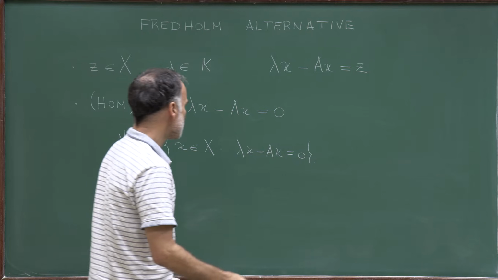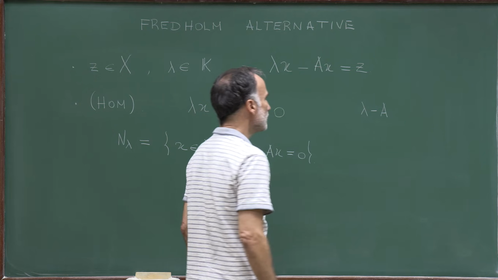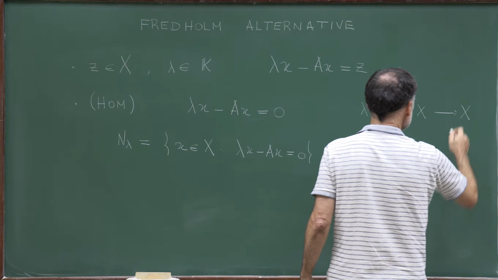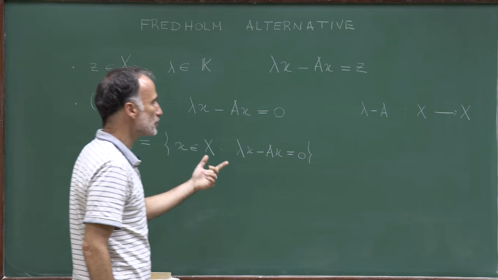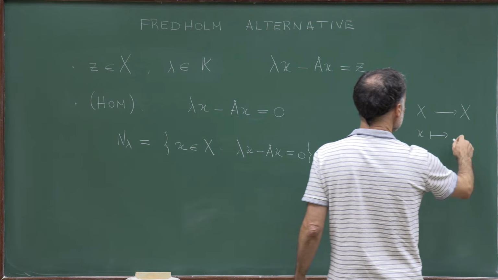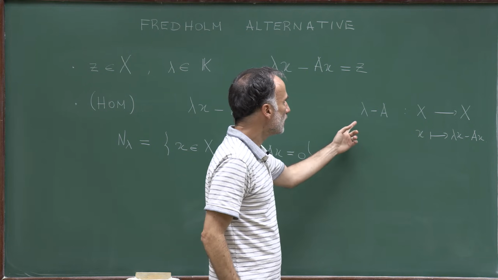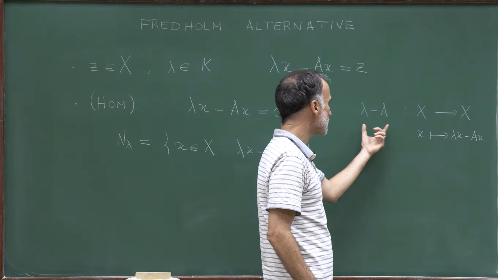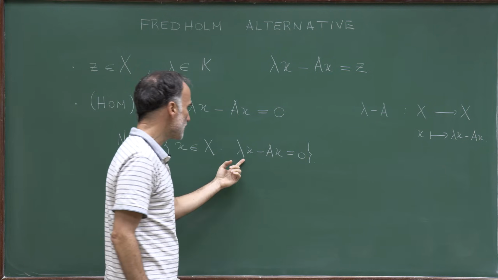And what I want to observe is that I have here an operator, lambda minus A, from X to X, and this set is the null set of this operator. This operator sends x to lambda x minus Ax. This is clearly a bounded linear operator. So if I consider the null space, the set of x such that lambda x minus Ax is equal to 0, this is exactly this set.